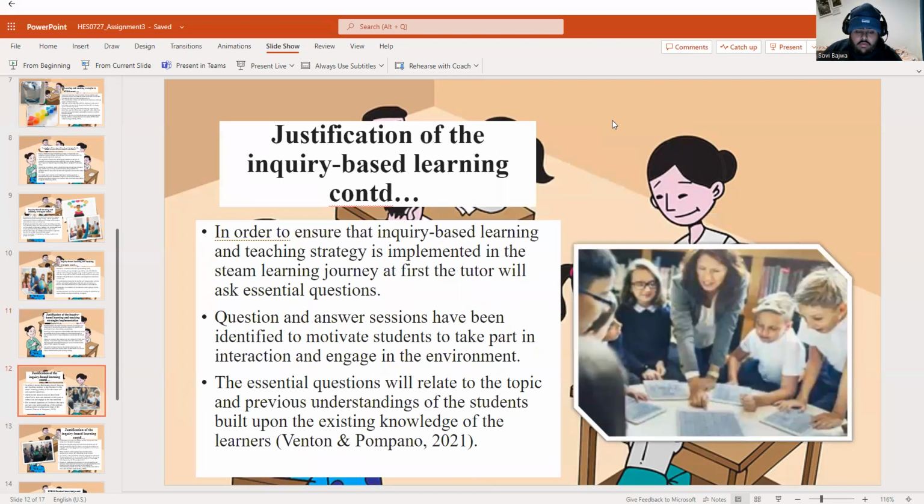In order to ensure that inquiry-based learning and teaching strategies are implemented in STEM learning, at first the tutor has to ask essential questions. A question and answer session is used to motivate students to take part and engage in the environment. The essential questions will relate to the topic, and previous understanding of the students builds upon the existing knowledge of the learners.